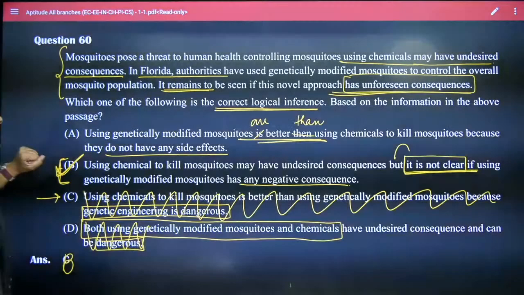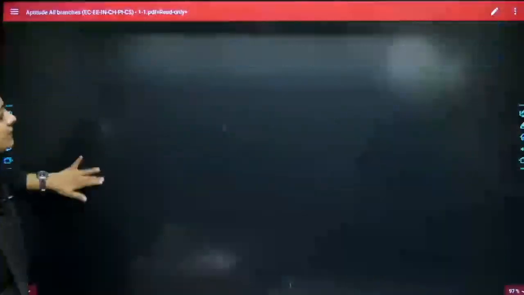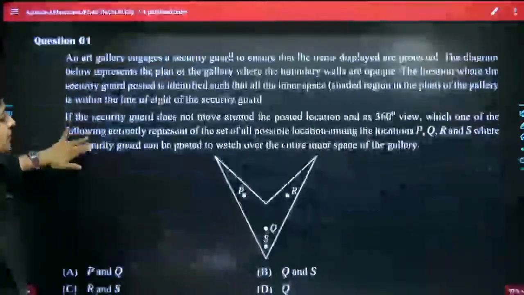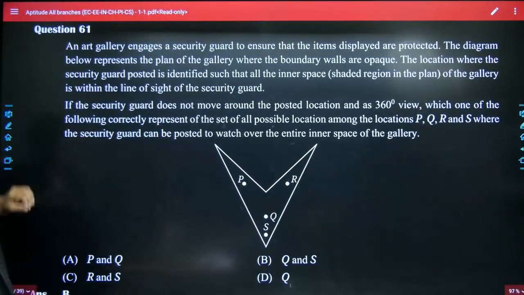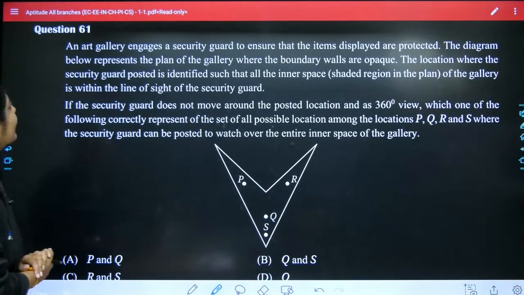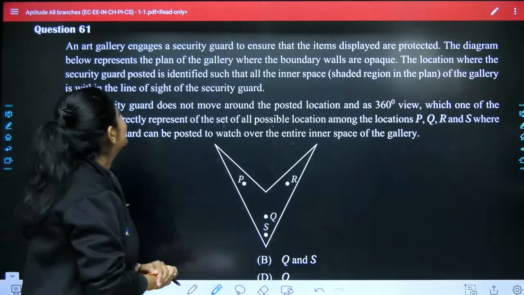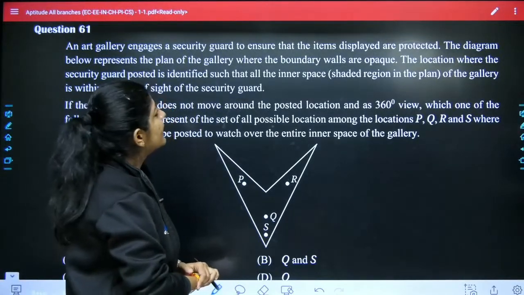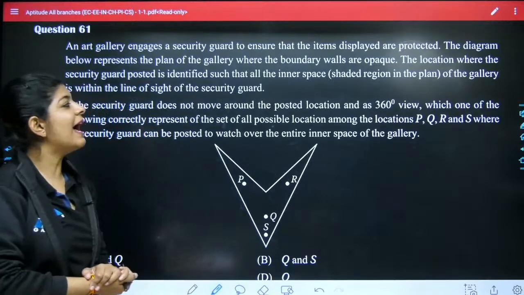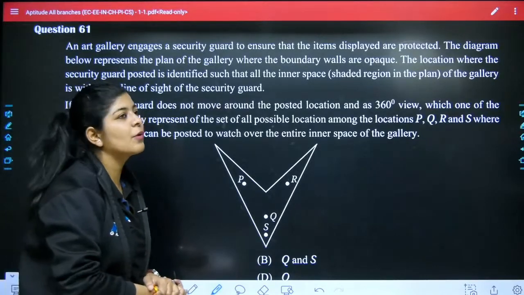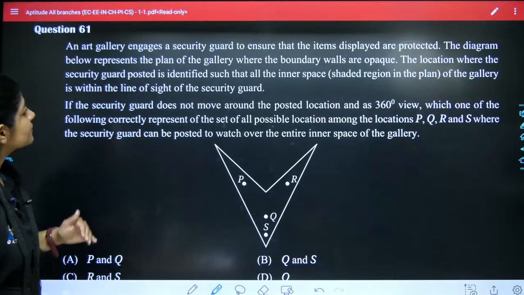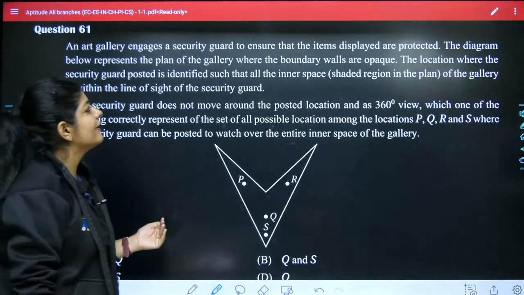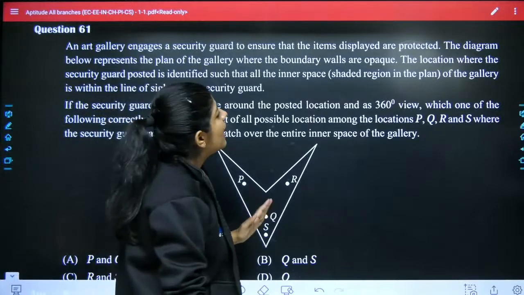Right? Now let's move to the next question. Okay. Here we have a question. It says that an art gallery engages a security guard to ensure that the items displayed are protected. The diagrams below represent the plan of the gallery where the boundary walls are opaque.